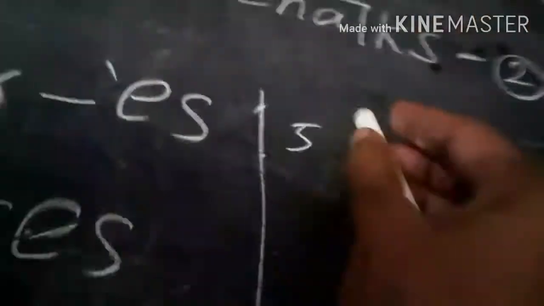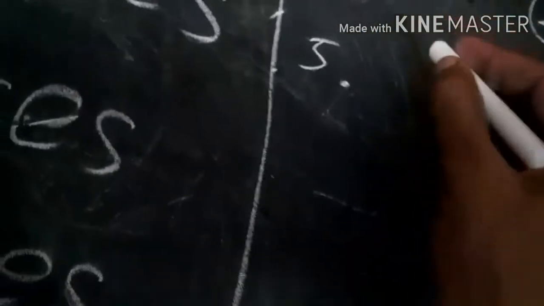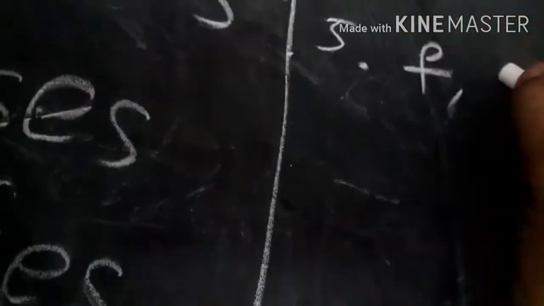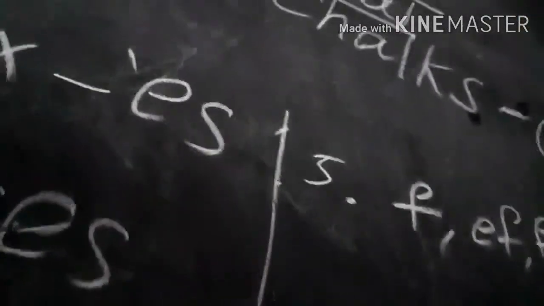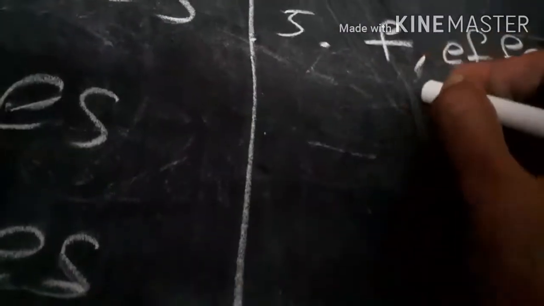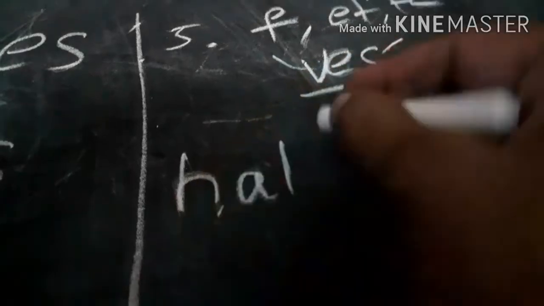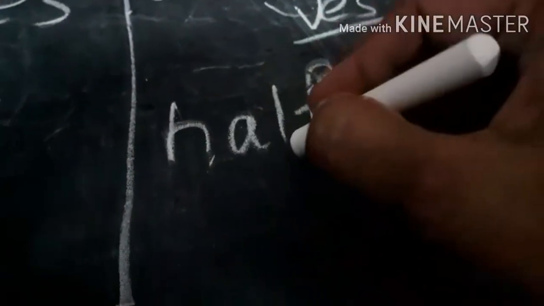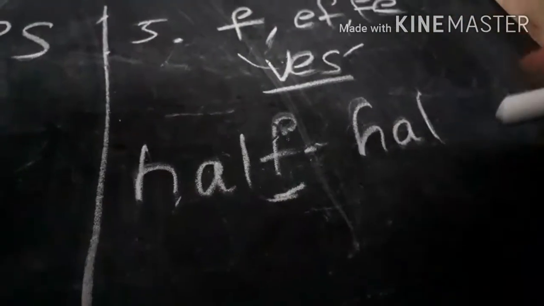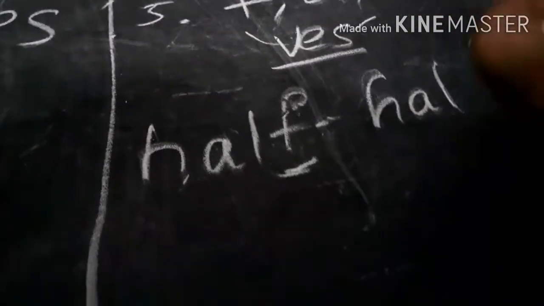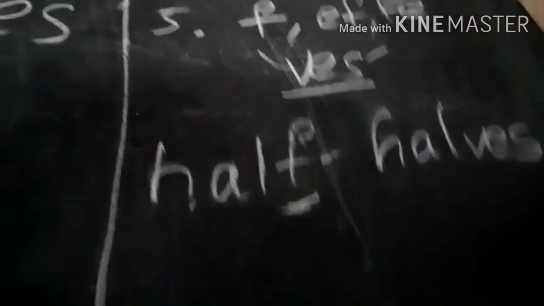In the fifth exercise, if a word ends with F or EF or FE, then the F becomes VES. Suppose when you take half, this F is written like HAL, till that it is the same. In the place of F we write VES.